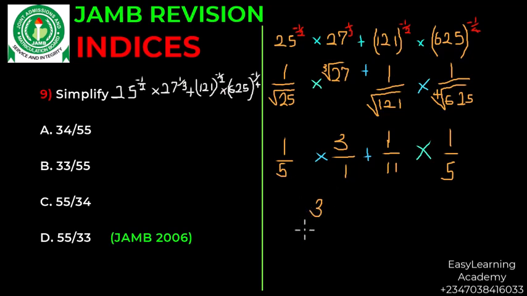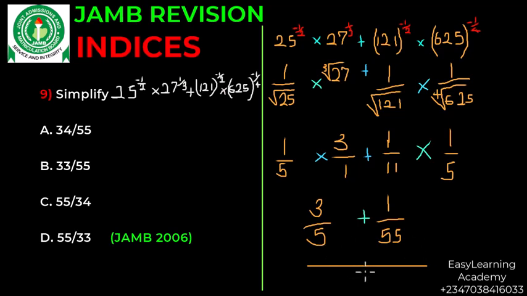5 times 1 will become 5. Good. And let's bring down the plus sign first, and let's multiply this other side. We have 1 times 1 is 1, and 11 times 5 is 55. Then to solve that, we simply need to find the LCM of 5 and 55.